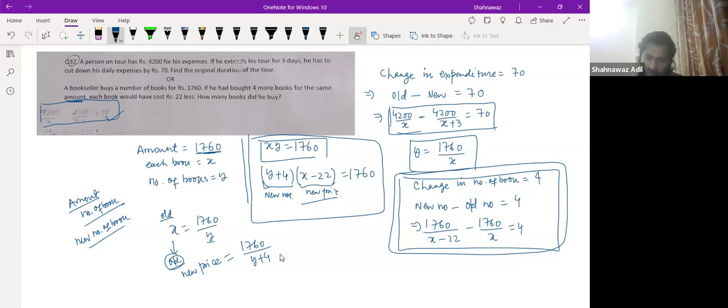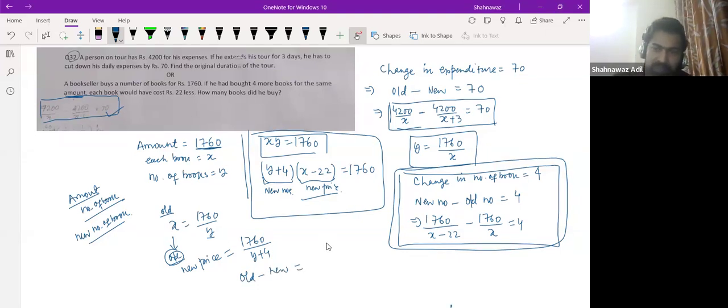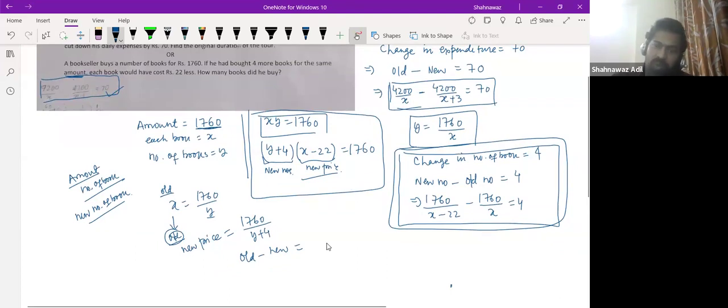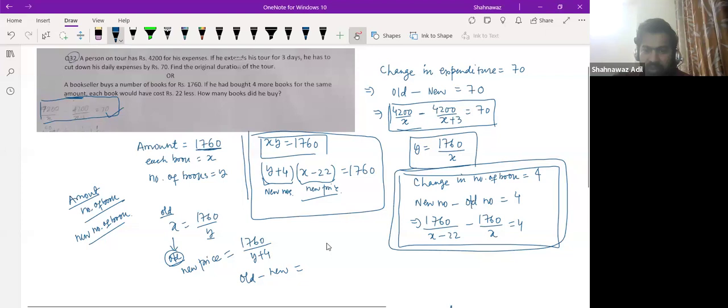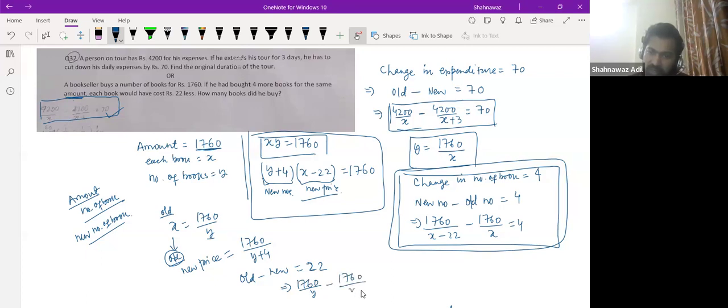Old price is greater, right? So old minus new, that is how much? 22. And then you can write it in this way, 1760 by y and 1760 by y plus 4. So you can write this equation in many ways.